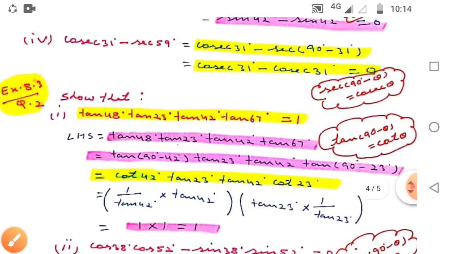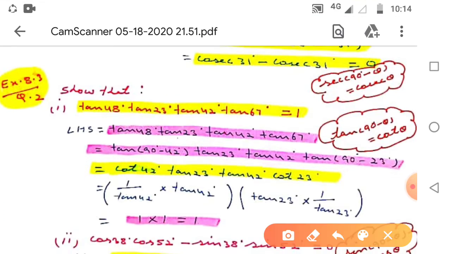Now 8.3, question number 2. Look at here. We need to prove that tan 48 into tan 23 into tan 42 into tan 67 is equal to 1. So we take the LHS, which is tan 48 into tan 23 into tan 42 into tan 67.